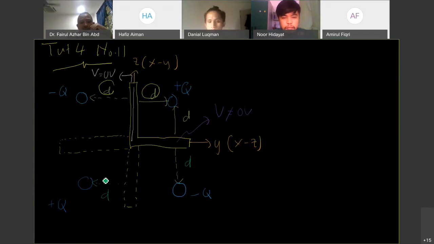Because the distance here is equal to D, similar to this direction, both charges will be balanced now, with the distance of the charge to each plane equal to D.